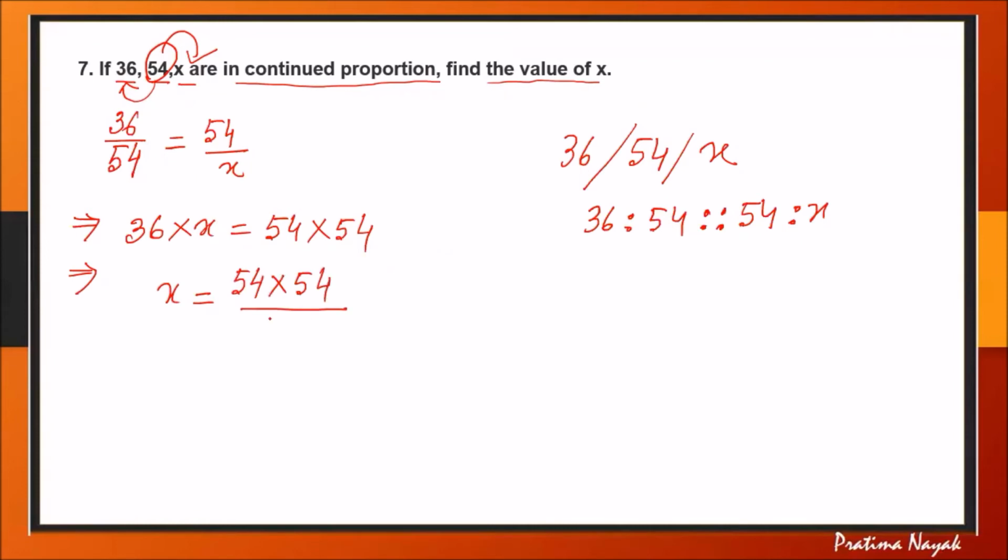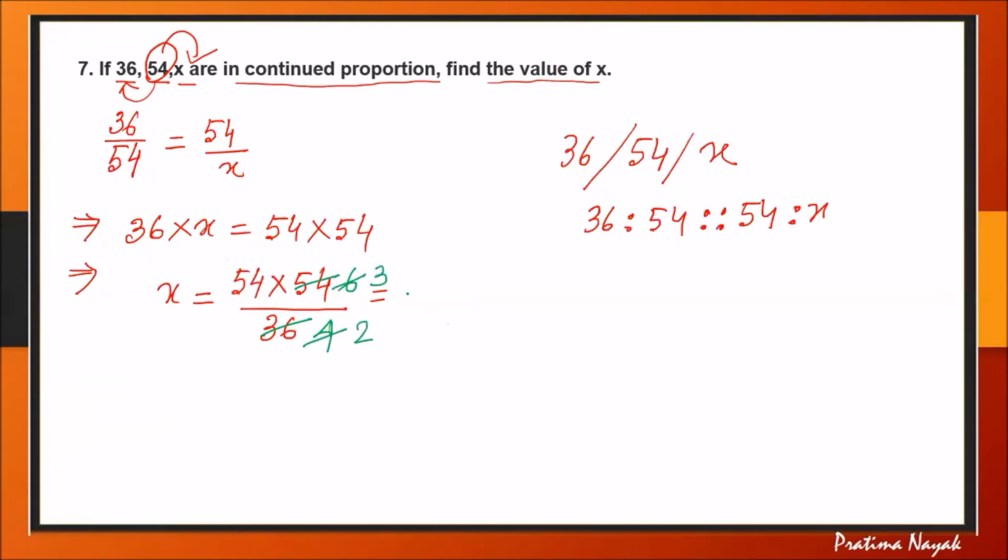Don't multiply 54 by 54. Try to cancel with a common divisor so that there will be no need of big multiplication. And for this cancelling, you should be very good in the multiplication table. So here I can cancel 9: 9 4 times is 36, 9 6 times is 54. Again this 6 and 4 can be cancelled with 2: 2 3 times, 2 2 times.